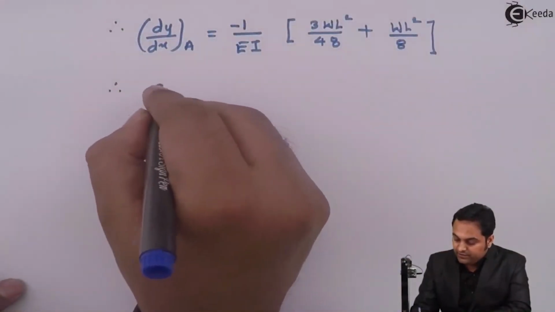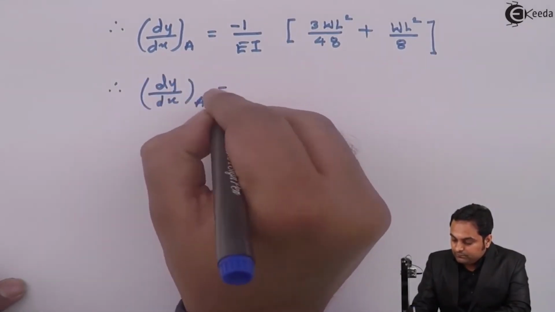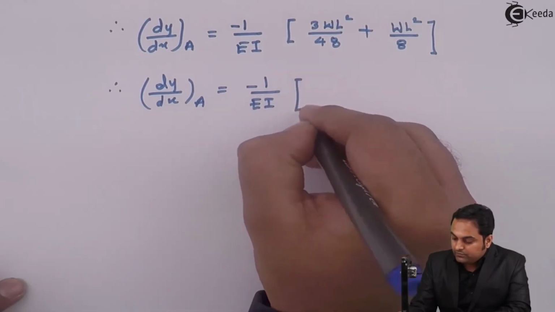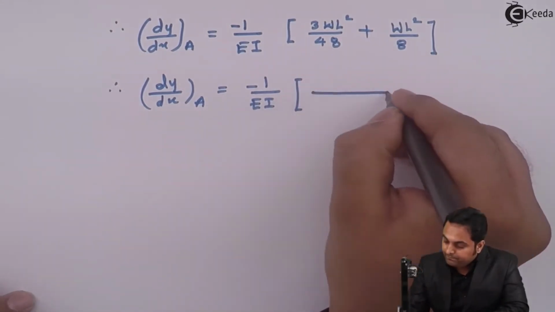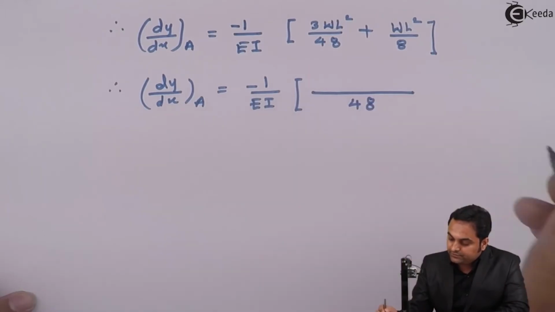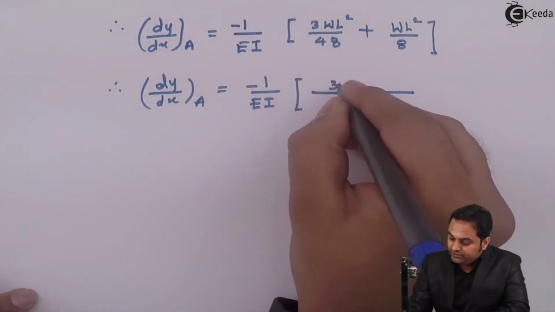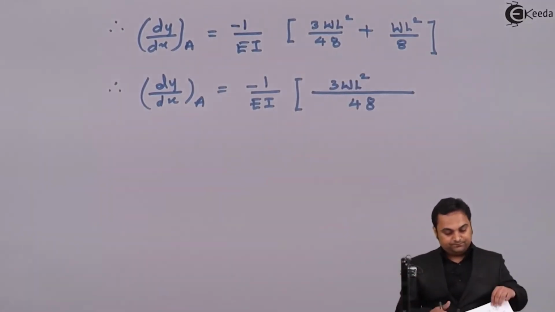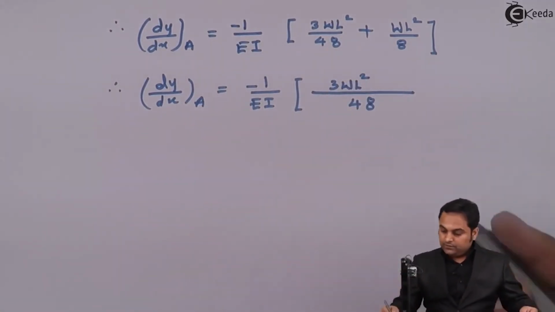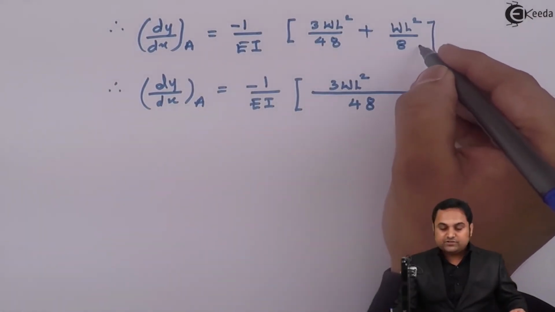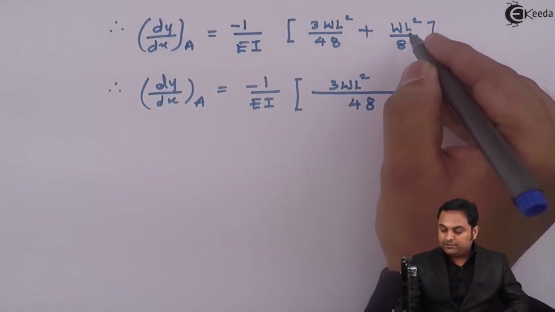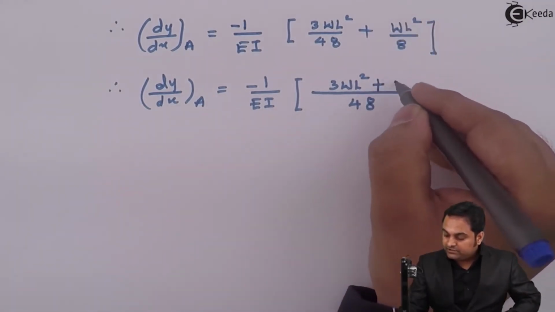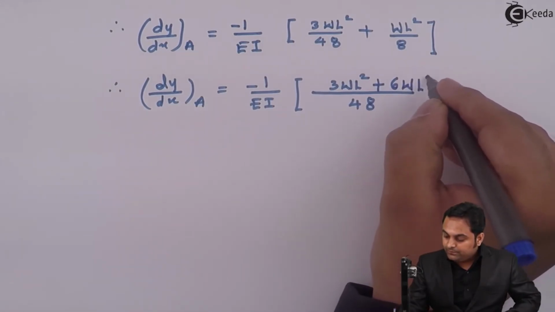So on simplifying again, we have minus 1 upon EI. Now here I'll take 48 as the denominator. We have 3WL square. Next, after this we have to make this also as 48, so multiplying by 6 in the denominator. Similarly 6 will be multiplied in the numerator, so we have plus 6WL square.